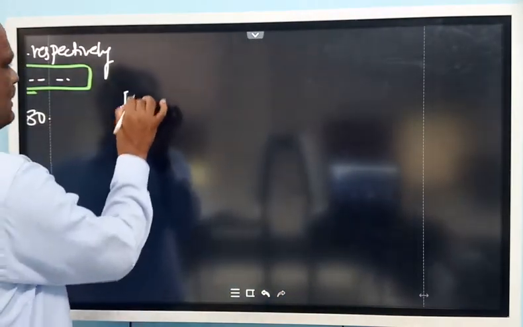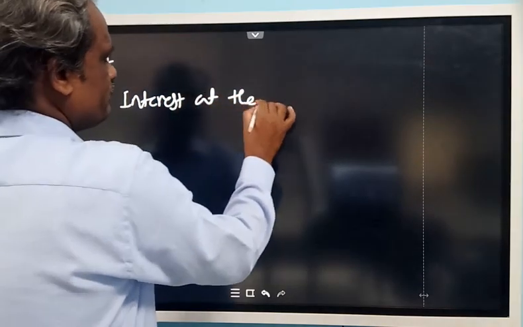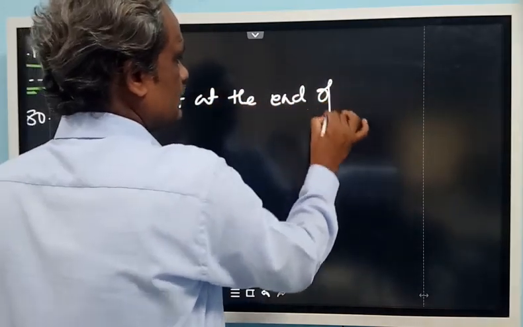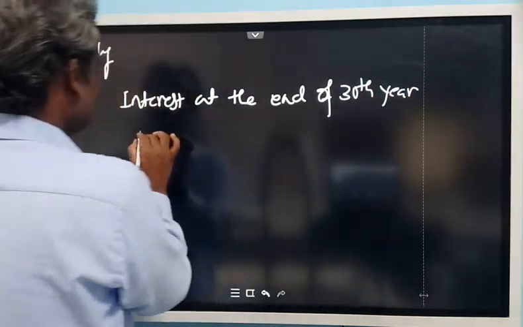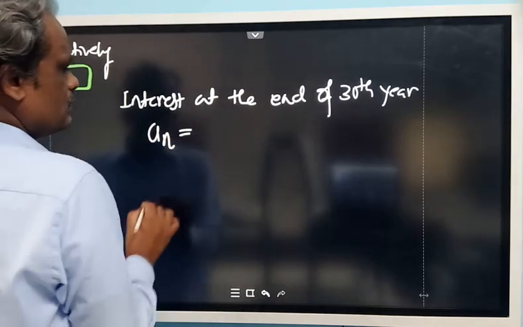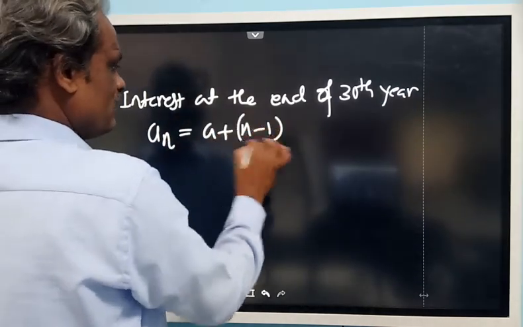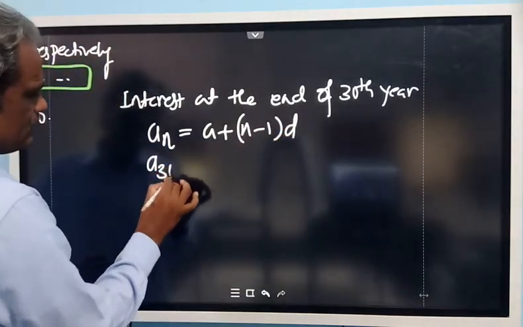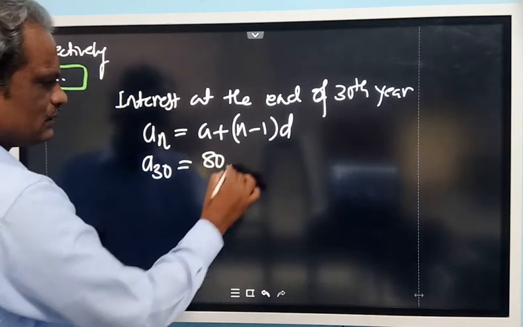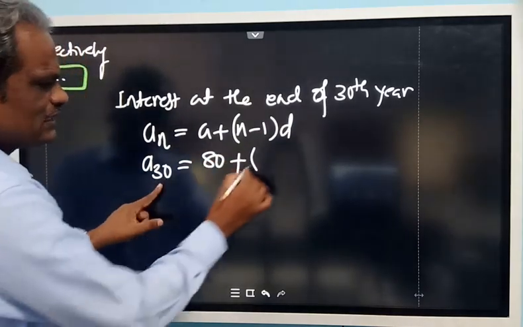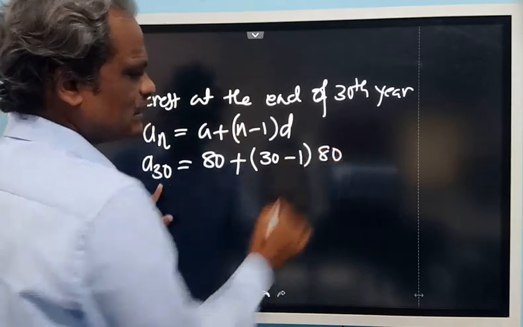So interest at the end of the 30th year is equal to an, that is a plus n minus 1 into d. a30 is equal to, first term a is 80 rupees, n minus 1, because n is 30, 30 minus 1, into d, common difference is also 80.